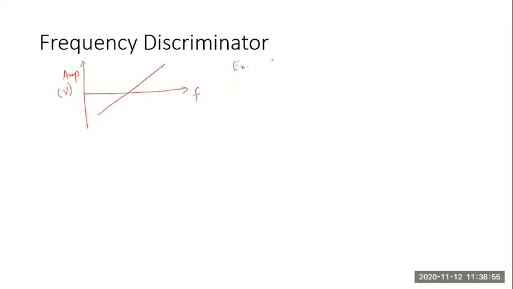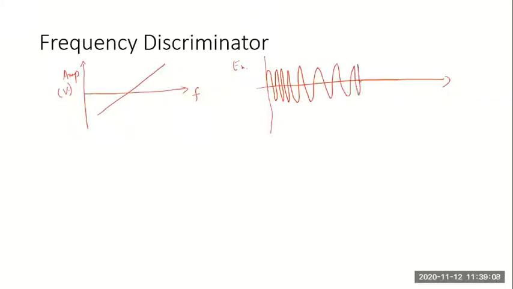For example, if you consider an FM signal, remember an FM signal has high frequency, it has low frequency, again very high frequency, right? So if I consider an FM signal as input to a discriminator circuit, what would the output be?